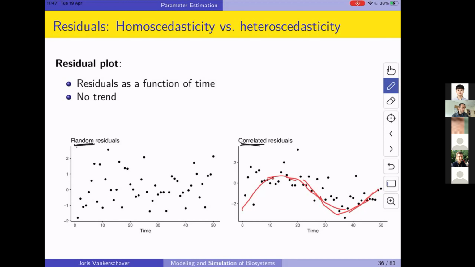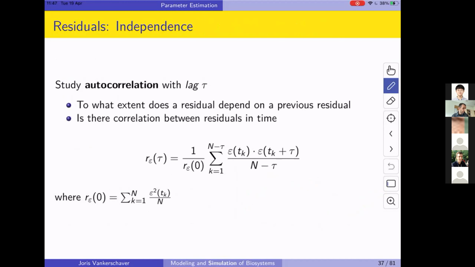Well, an additional tool that we will use is the so-called autocorrelation function. What this is going to do is basically shift our residuals around and then see whether a shifted version of the residuals looks like the original or not.